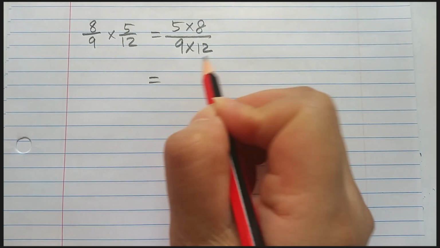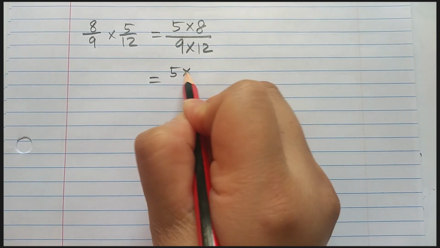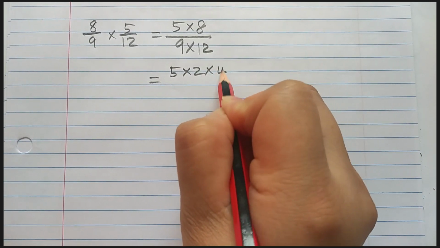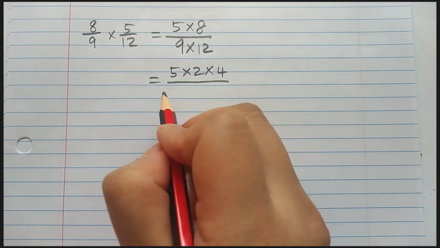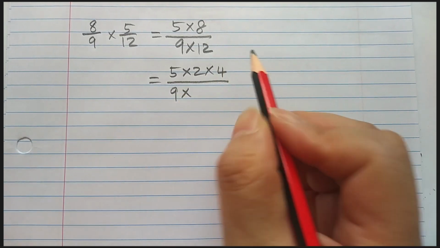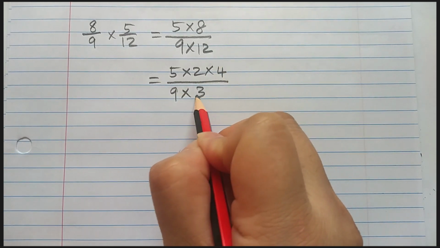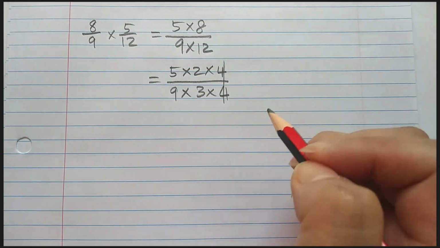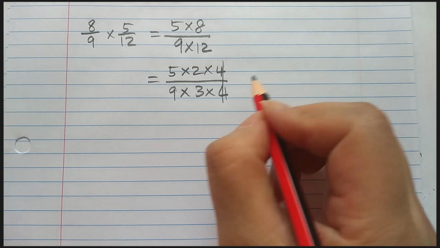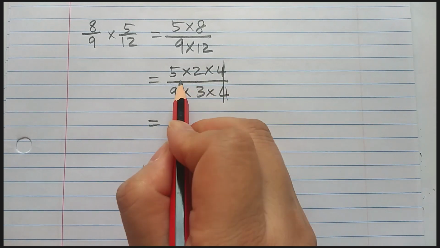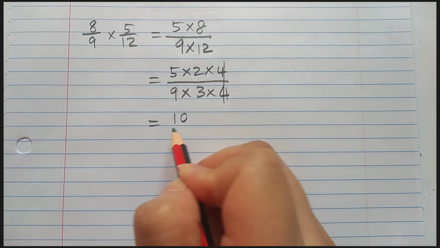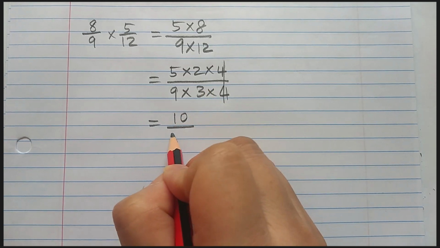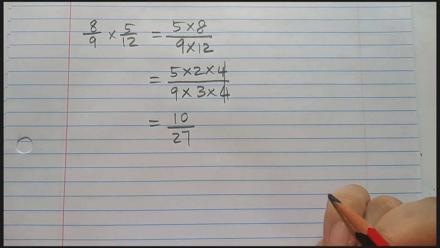So instead of 8, you'll do 2 times 4 over 9 times, instead of 12, you'll do 3 times 4. And these numbers can be reduced to 1. Now, you do 5 times 2 is 10, and 9 times 3 is 27.